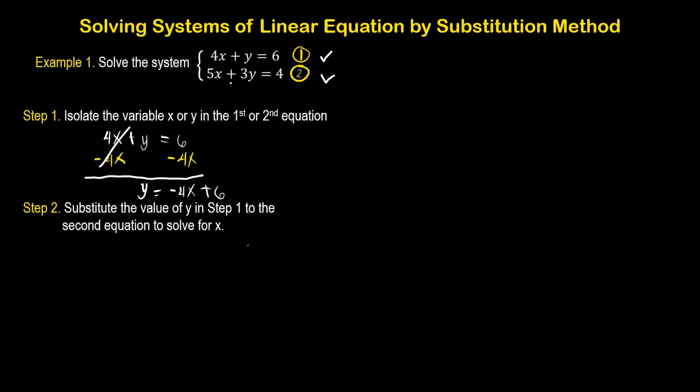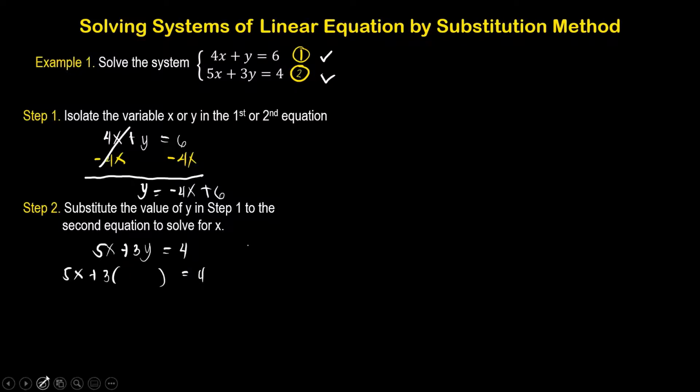So, gagamitin natin to, yung second equation, we have 5x plus 3y is equal to 4. So, that means we are going to substitute the value of y here. So, i-substitute natin yan. So, we have 5x plus 3 times the value of y is equal to 4.